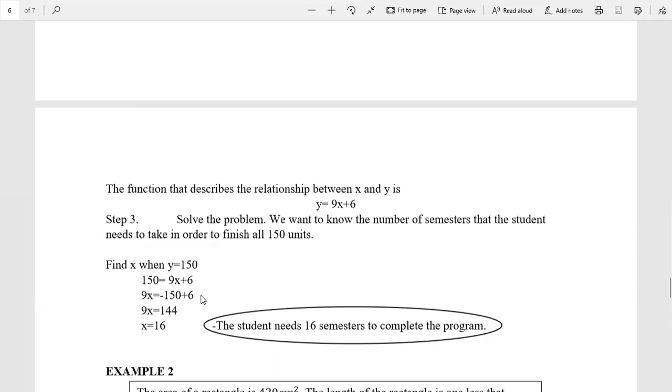So 150 minus negative 6. Natingala sad ko kay nganong na positive 144. So 9x is equal to 150 minus 6, 144.